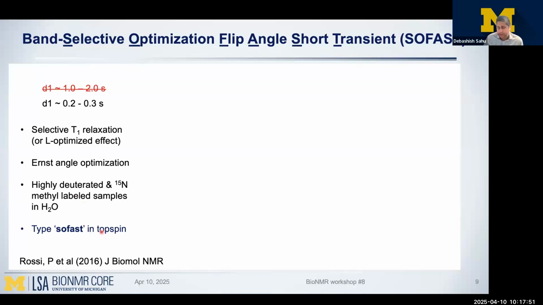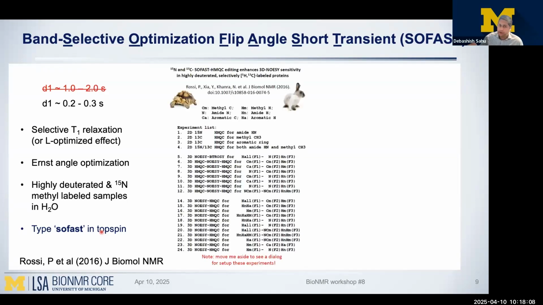on all of our spectrometers. All you have to do is type in sofast in TopSpin for the experiment you want to run for your sample. So basically, you put in your sample, do all the setup, that is, you lock, shim, tune, and get it ready, and then you type in sofast, and that brings up this particular window. Here it gives you a list of different experiments.